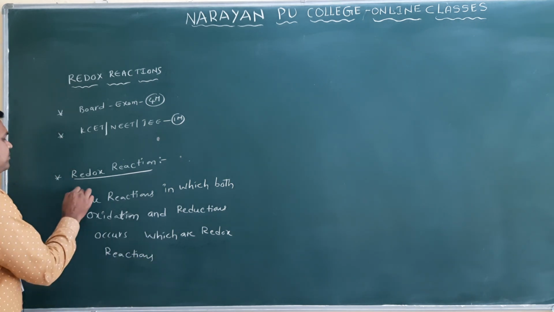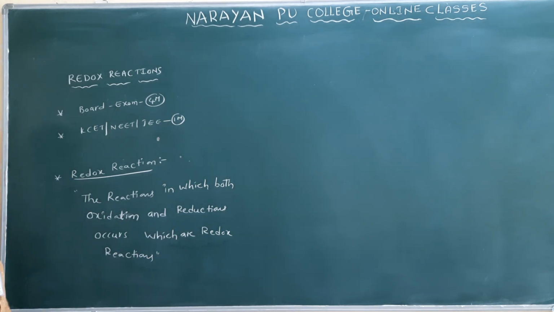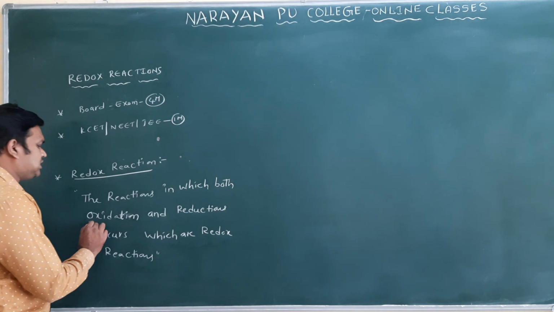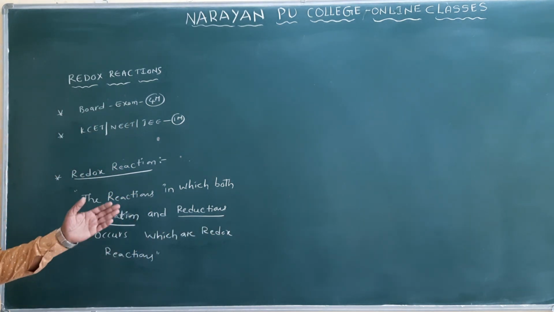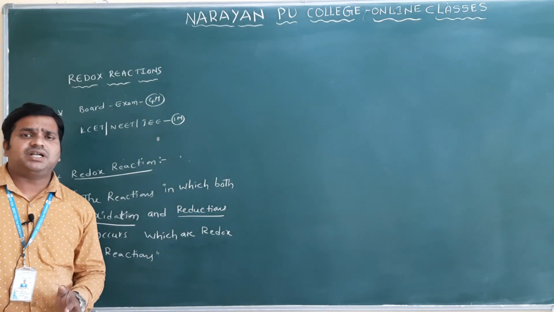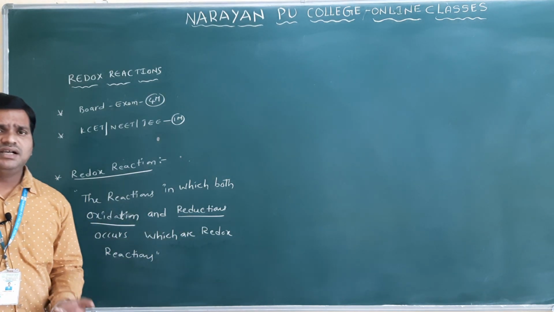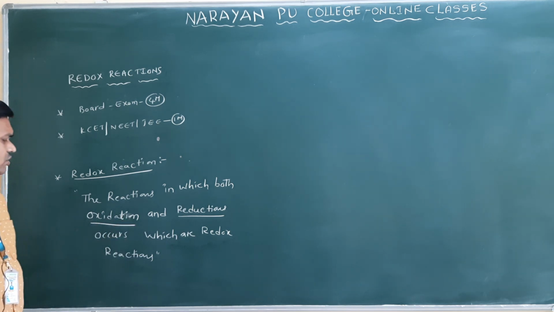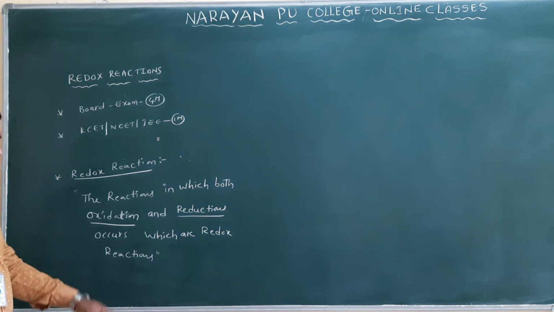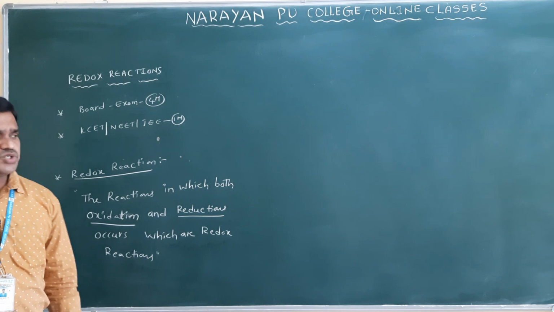So this is the definition of redox reaction. You have to underline the terms here: oxidation and reduction. The chemical reaction in which both oxidation and reduction occur simultaneously is called a redox reaction.